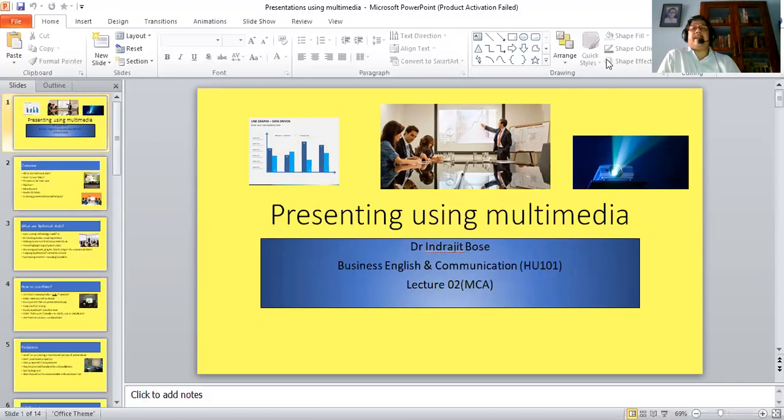So how to format these documents, how to use a specific vocabulary, style, or expression in formatting them, and how to develop needs-based communication for interacting with clients, customers, and other people, colleagues in the workplace on a daily basis. This is what we are looking at in the course of our lectures on business English.